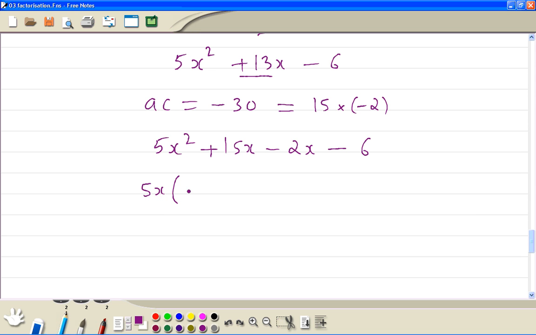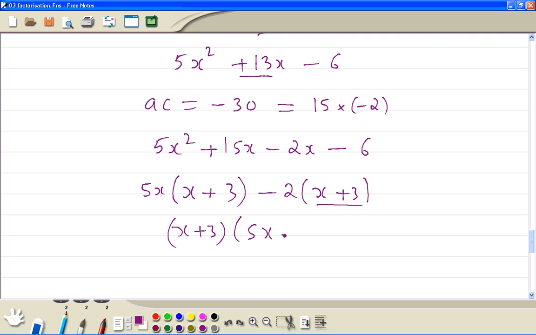So we are left with x plus 3. Then here we have minus 2 as a common factor. Inside the bracket we have x plus 3. Then this is a common factor, so we have x plus 3 times 5x minus 2.